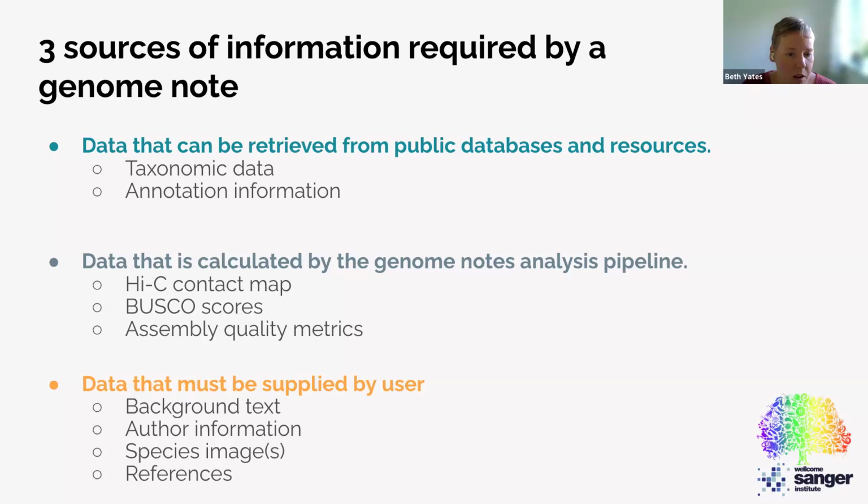That's not something that we standardize, although there is a standard paragraph that we can use if we can't get someone to give us that background information. And then things like the author list, the references, and the species images will be different in each individual genome note. So that's the kind of thing that we're going to rely on our genome editor being able to provide.